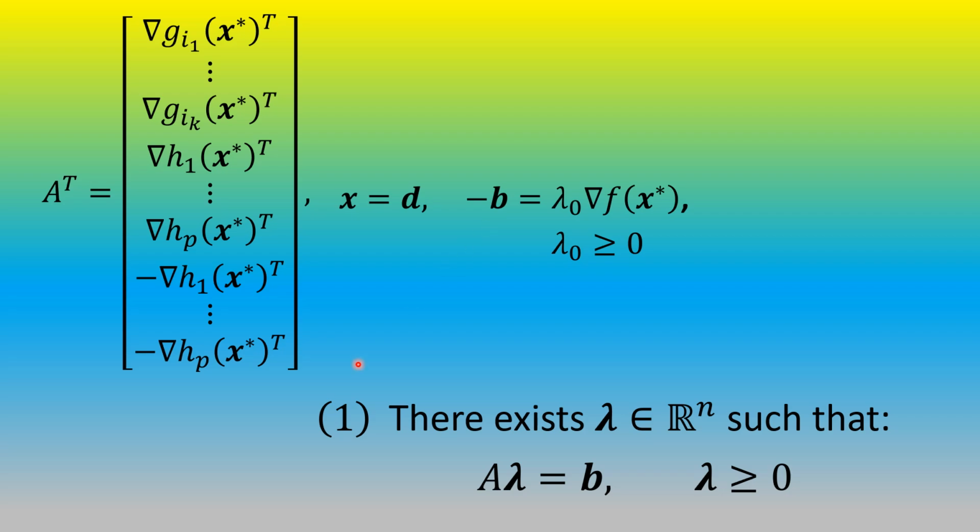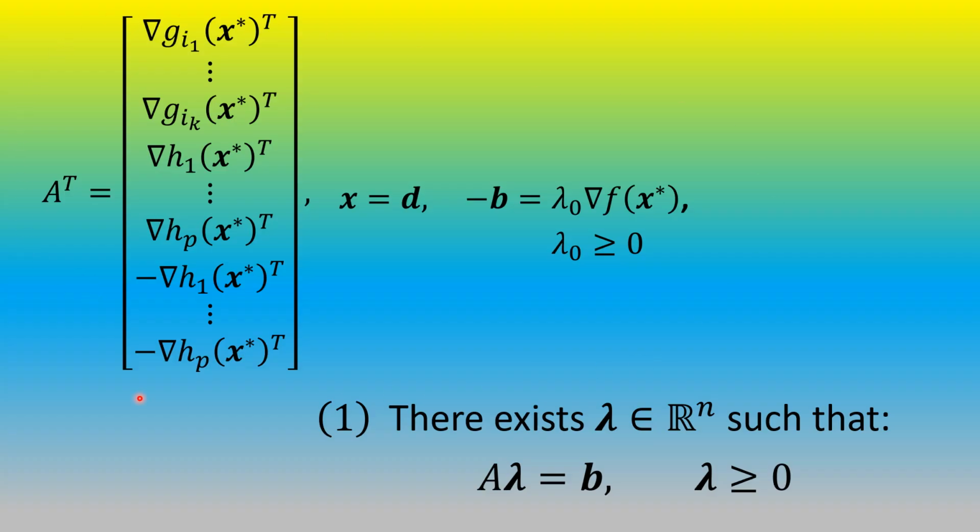So if we put this all in the form of the dual condition, or condition number 2, then it cannot be true because the directional derivative in the direction of d of f is less than 0. That cannot be true. So therefore, all 3 of those conditions cannot be true.